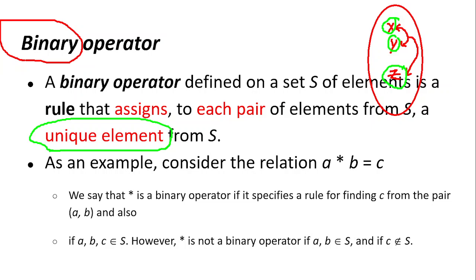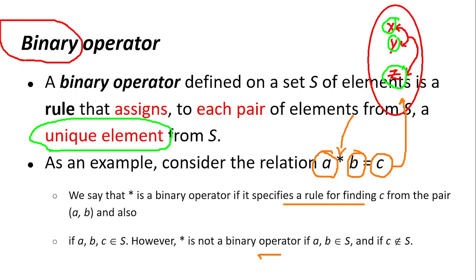Let's look at a simple example over here. Suppose you take two elements, say A and B, and let's assume that you have a binary operator star. If you apply A star B, you are going to get an element C. Then the very important thing is that C must also belong to the same set. So star is a binary operator which specifies a rule.